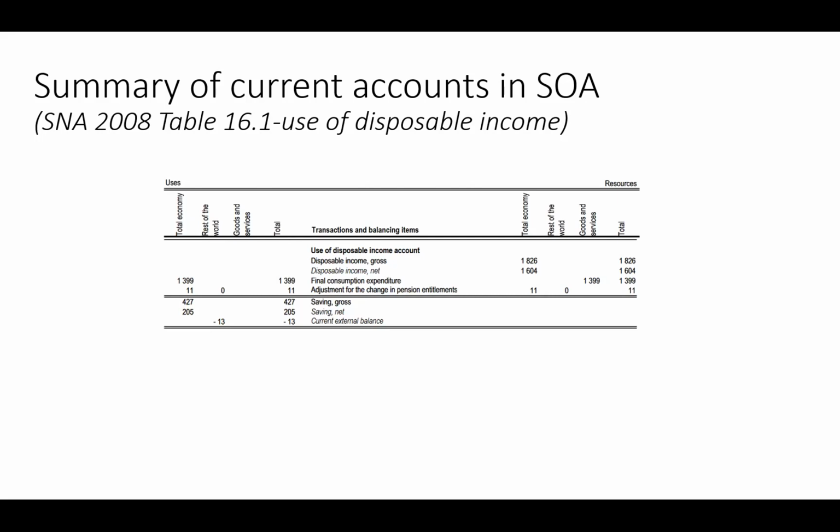How can I calculate the net values using the gross value? Yes, you can type here in chat how I get the net saving. I have 427 as gross saving, and how did I get the net saving?